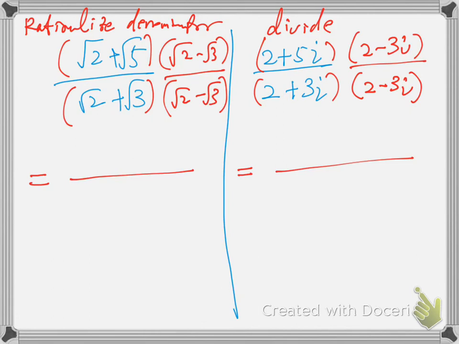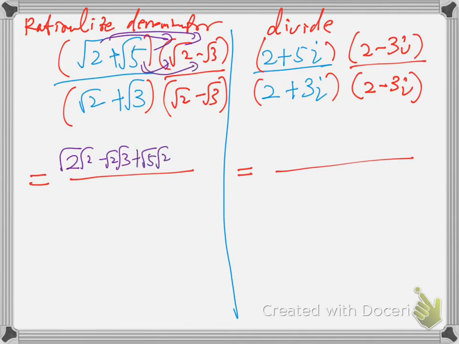So let's change the color. This is F: radical 2 times radical 2, we got 2. Let's write down the FOIL. Then radical 2 times negative radical 3, so minus radical 6. Then the inner product, radical 5 times radical 2, radical 10.